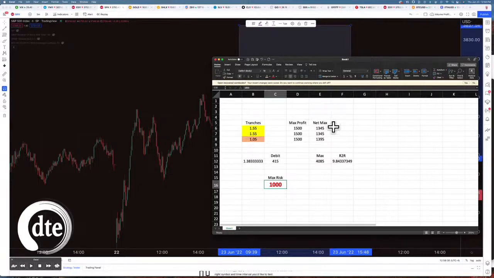So today, the original trade cost $1.55. And I bought 2 of them at once with one tranche, the yellow tranche. Then I added another one at $1.05, which brought my average tranche down to here. So there's my average tranche size.